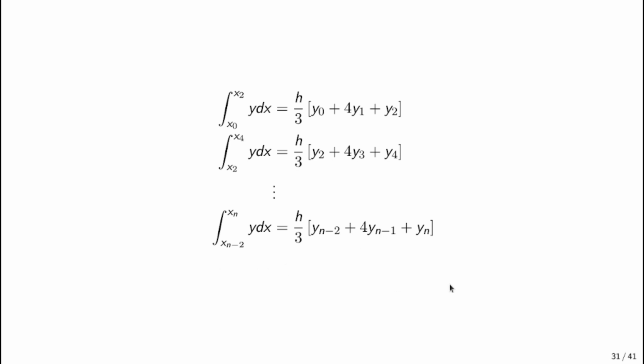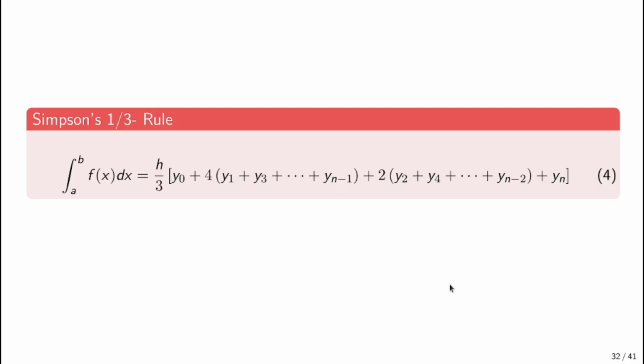Adding all these integrals, we will get Simpson's 1/3 rule as the integral from a to b of f of x dx, that is x0 to xn, as h by 3 times y naught plus 4 times y1 plus y3 plus up to yn minus 1, plus 2 times y2 plus y4 plus etc. up to yn minus 2, plus yn.